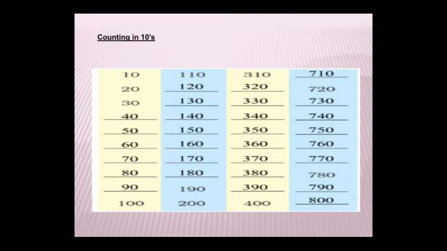Like that you have to do for 710, 720, 730, 740, 750, 760, 770, 780, 790, 800. Here you are adding 10 each time because it is counting in tens.